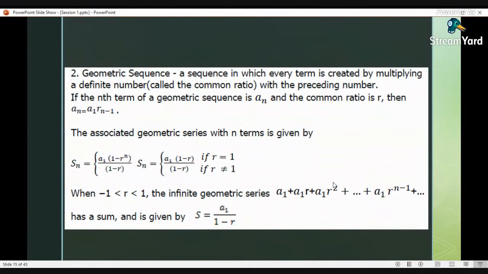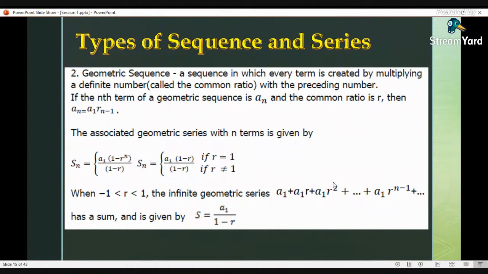Next, we have the geometric sequence. A geometric sequence is a sequence in which every term is created by multiplying. Take note that for arithmetic sequence, all we have to do is add a common difference. But here, we consider the common ratio, by multiplying a definite number, which is called the common ratio, with the preceding number.